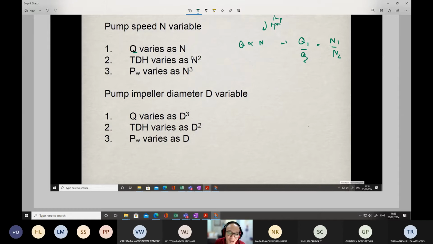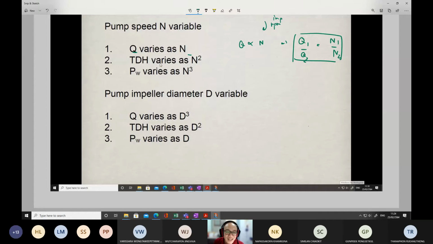So Q varies as N. It gives us this relationship so that we can make use of it. If we change the rotational speed, we'll get different flow rates accordingly. The flow rate actually varies as N.